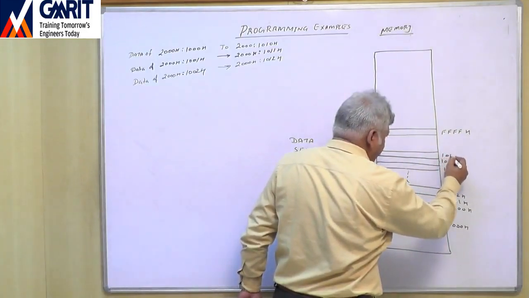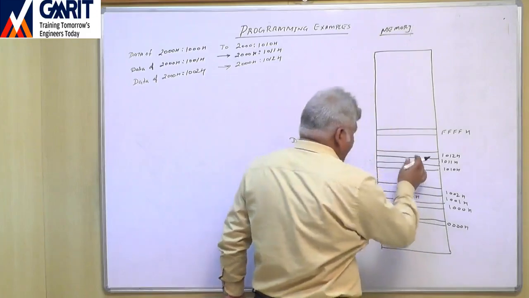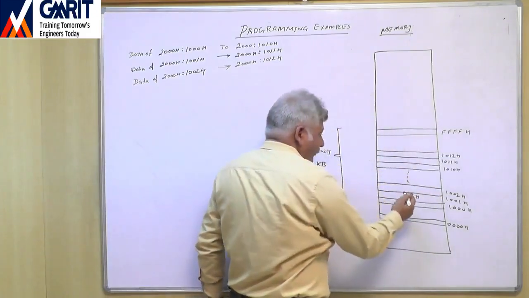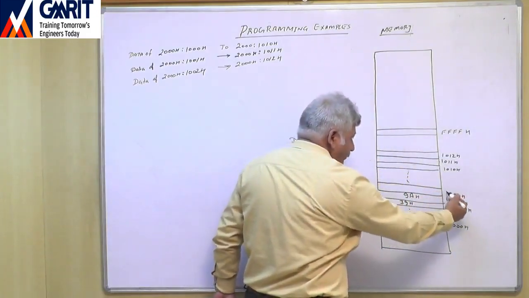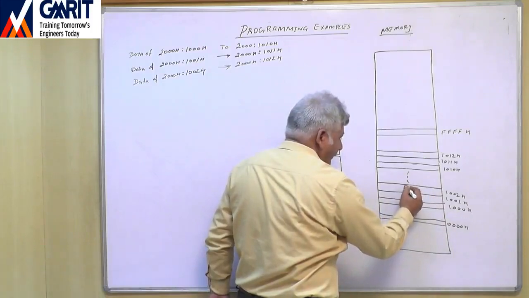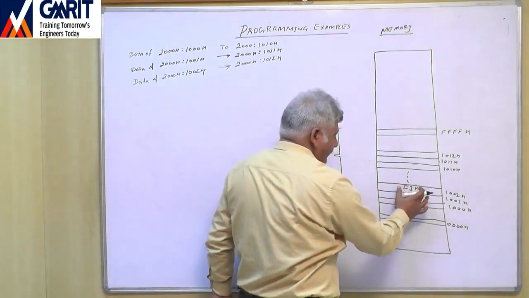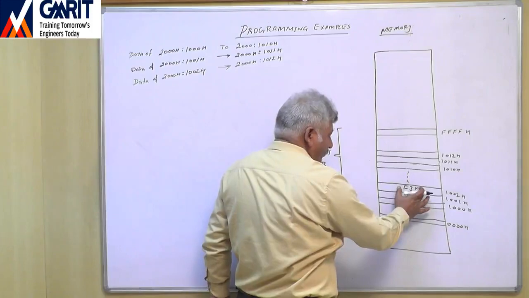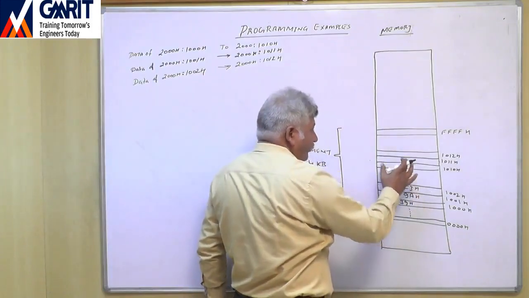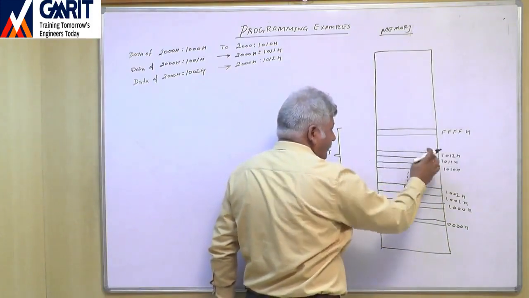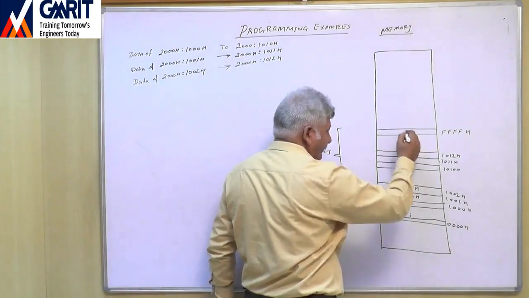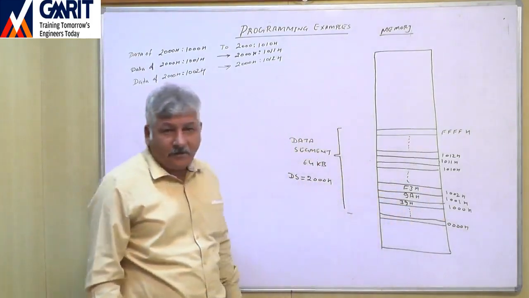So at this offset, we want to move the data which is at 1002. Let us assume the data is F3H. So this F3H we require to be moved to offset address 1012H. Like this, right? So this is our aim.